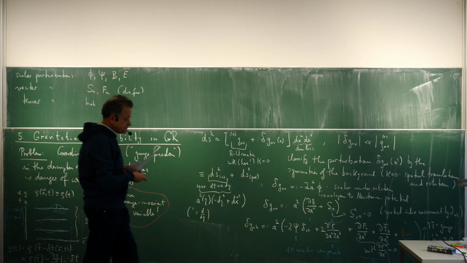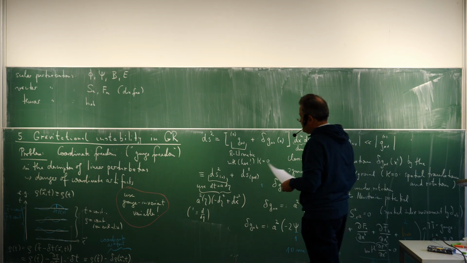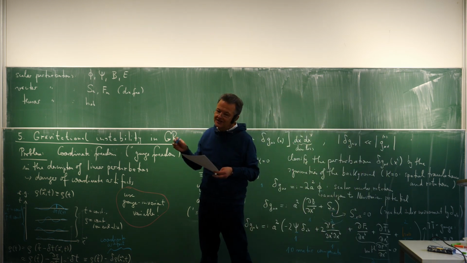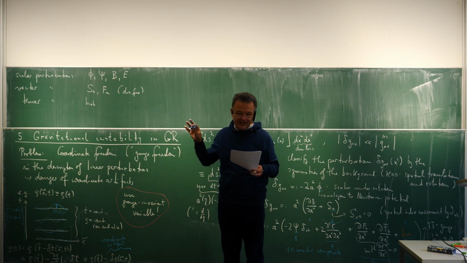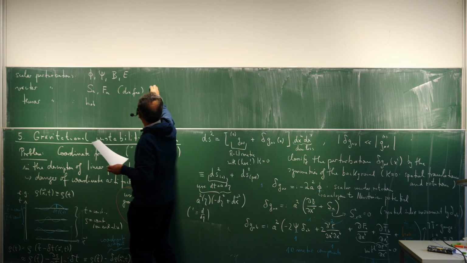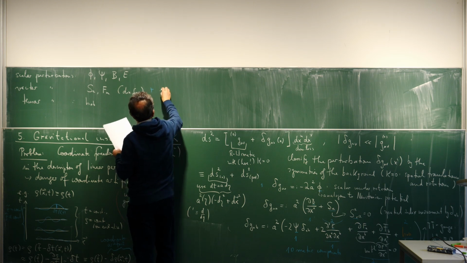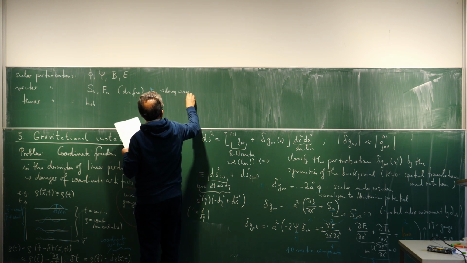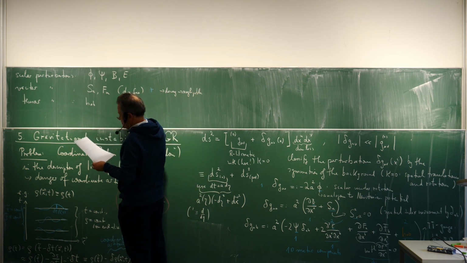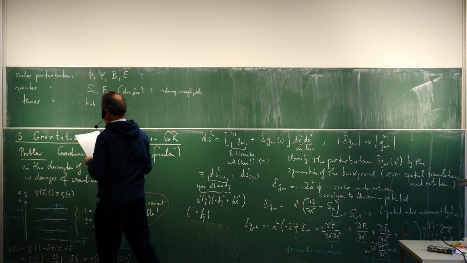Now, these vector perturbations, as in Newtonian theory, if you do the calculations, and I have no time to do that here, they also decay. So these are 4, but they decay rapidly and are therefore negligible. Then, of course, we have to deal with these 4.